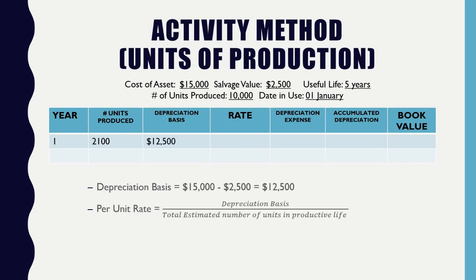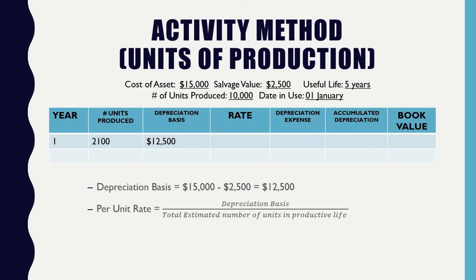12,500. Good. Now, the next step says, let's solve the per unit rate. Again, my per unit rate is going to be my depreciation basis divided by the total estimated number of units that it can produce. So, which number am I going to use? 12,500. Okay, good. And then 10,000. All right.